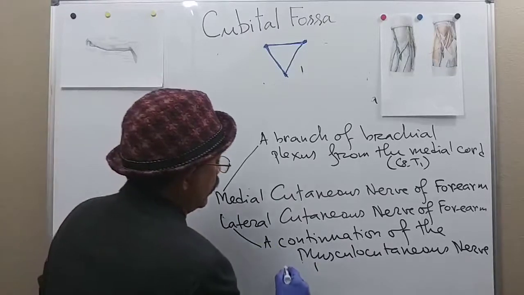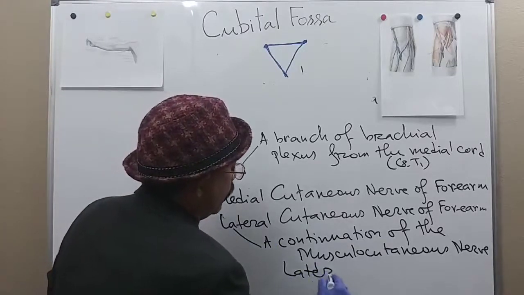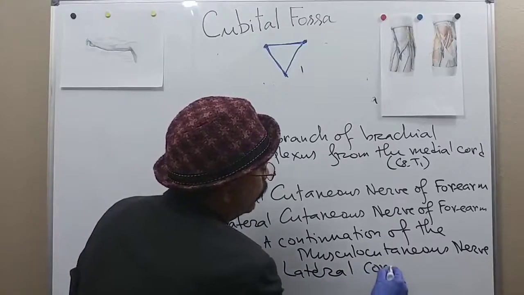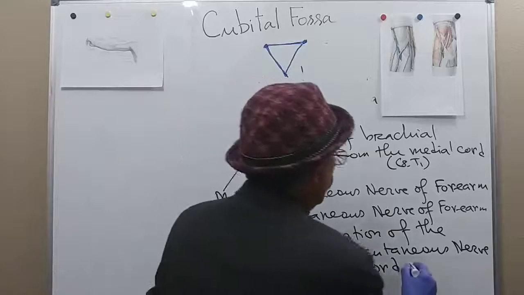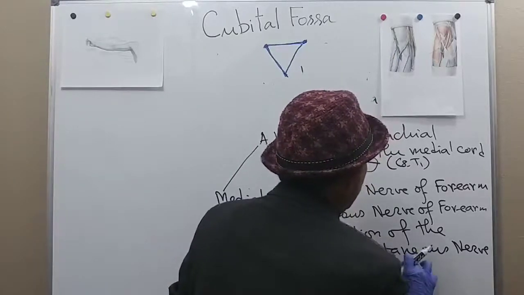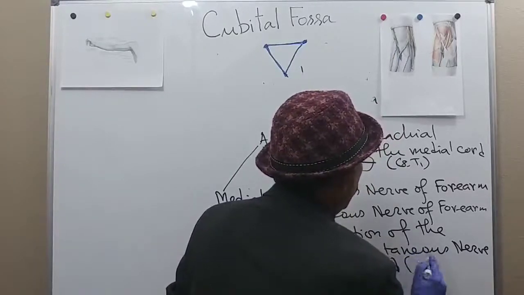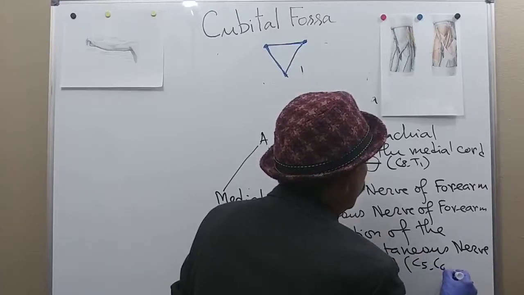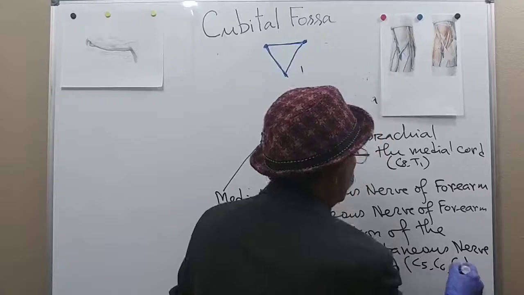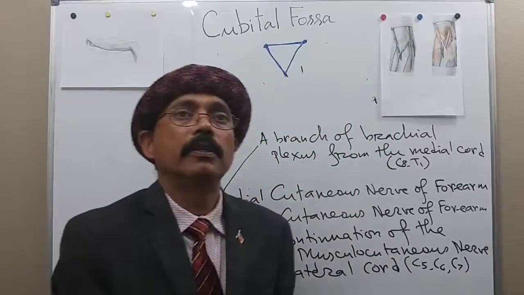From the lateral cord. From which nerve root? It is coming out from C5, C6 and C7.